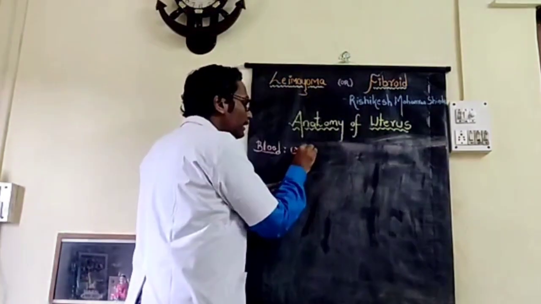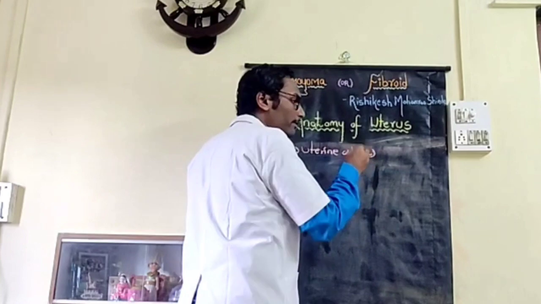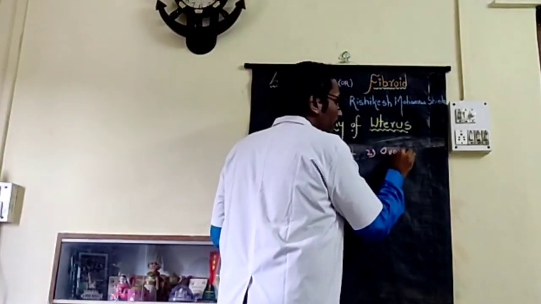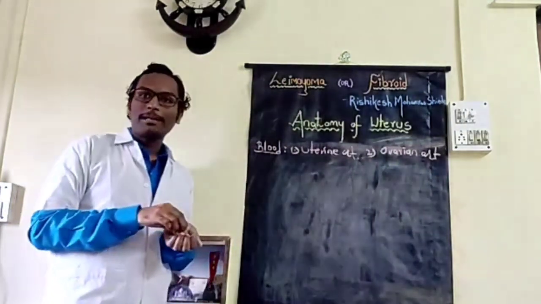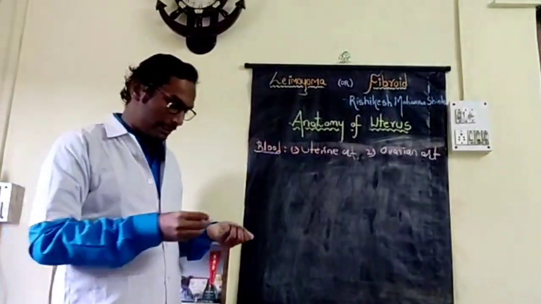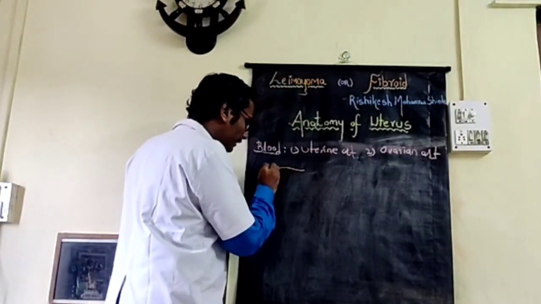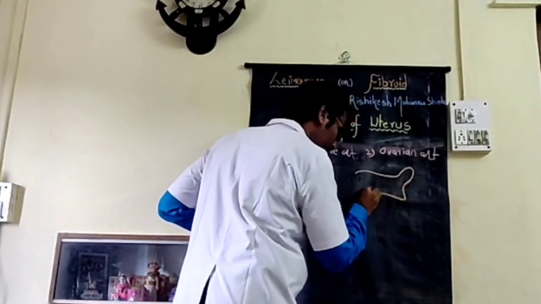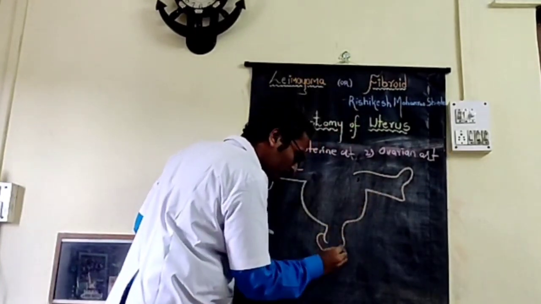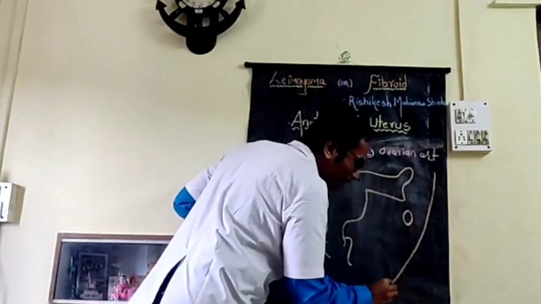The first one is the uterine artery, and the second one is the ovarian artery. Now, one of the most important applied aspects related to the uterine artery: when you see the structure of the uterus like this, this is the lateral pelvic wall.